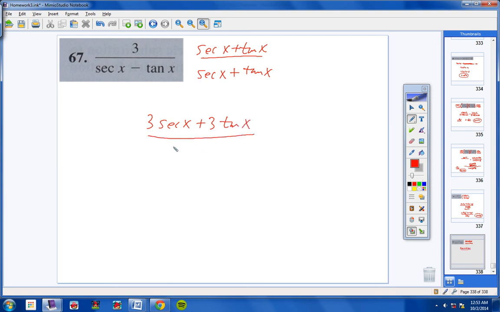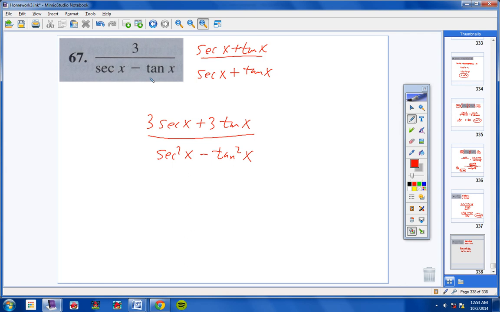And in the denominator, I'm going to get secant squared minus tangent squared. Okay, now my trig identities, I better look back at those real quick here. Let me look at the answer in the back of the book so I know what it is. Okay, 3 times that.